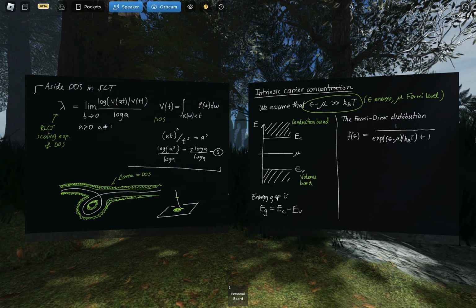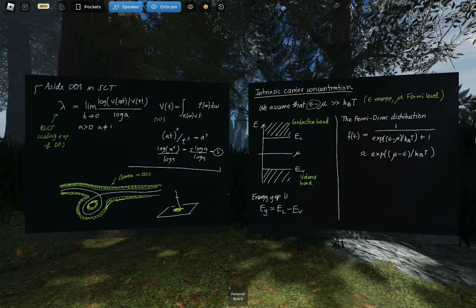Thanks. So under this hypothesis that epsilon minus mu is much bigger than kBT, I can just ignore this 1, right? And so effectively this is approximately the exponential of mu minus epsilon on kBT. So what's that saying?